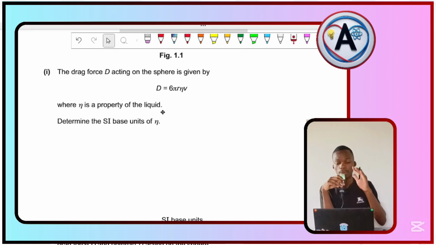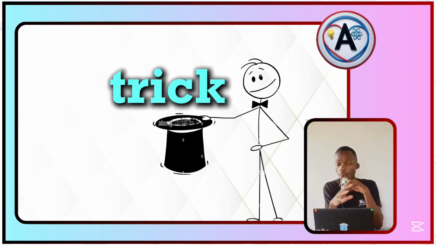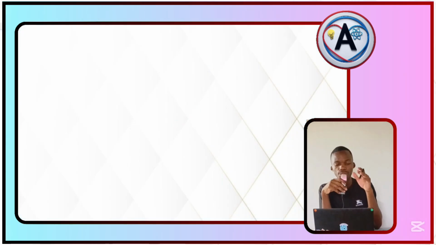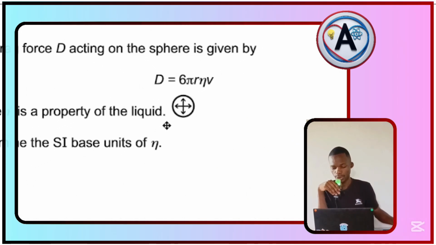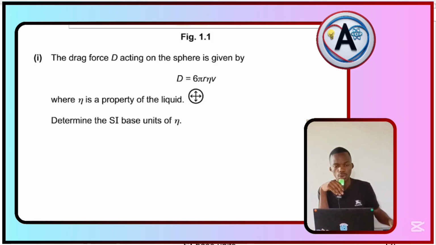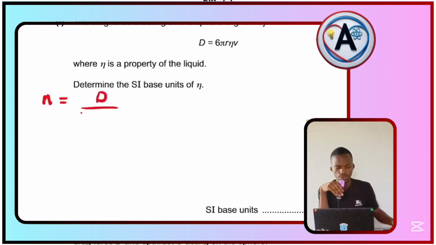Right? Okay. So whenever you're asked to determine the SI base units, I want you to use this trick, right? It always works all the time. What you're going to do is make the thing that you want to find the SI base units for the subject of the formula. So using that method, I basically know that mu is going to be equal to D over 6 pi RV, right?